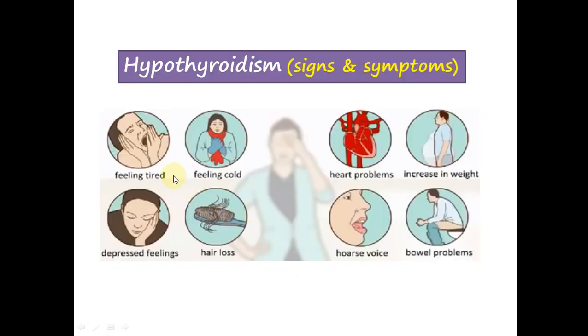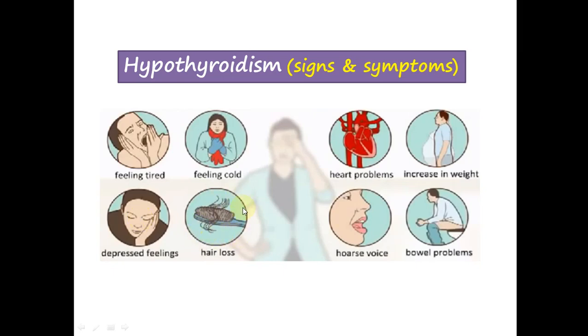So the symptoms of hypothyroidism may be the patient is feeling tired, unable to do anything, feeling severe cold, slow heart rate, weight gain, feelings of depression. Most of the hypothyroid patients, adult hypothyroid patients, will be seen in the clinics of the psychiatrists.